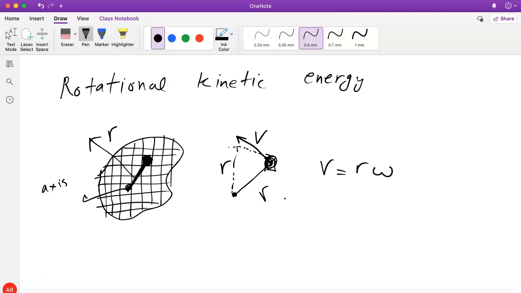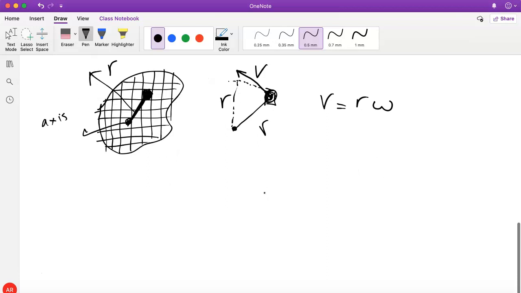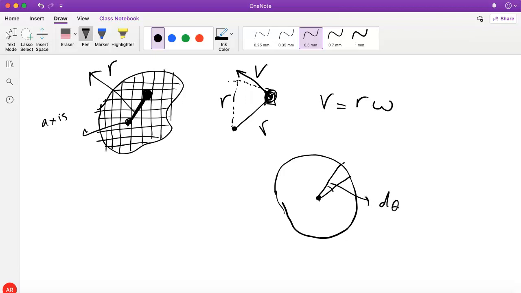To review this, basically this originates from the fact that, let's say you have a circle, and you consider a small angle d theta here. So let's say you have your particle moving from here to here, its angle theta changes by some small amount d theta.